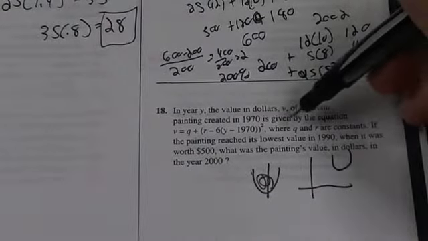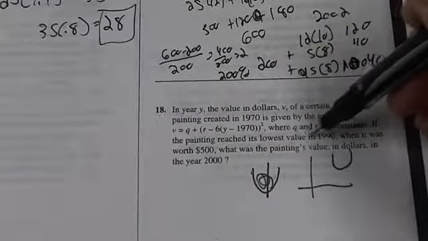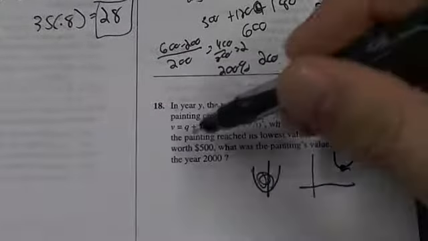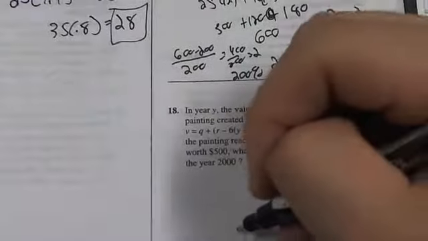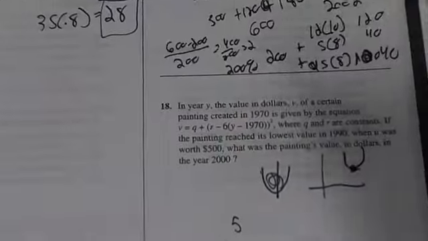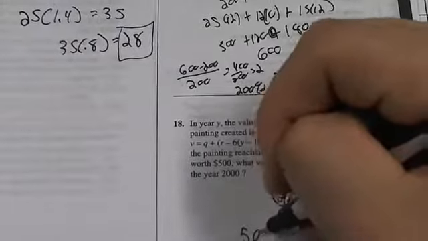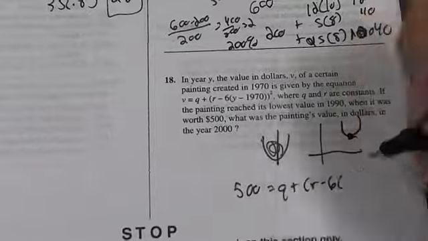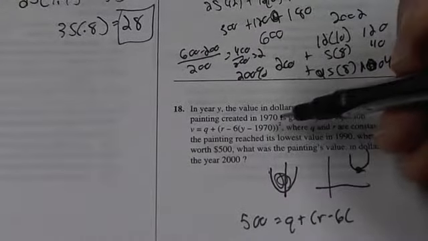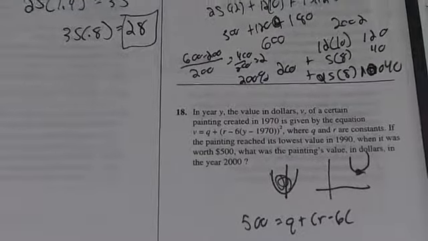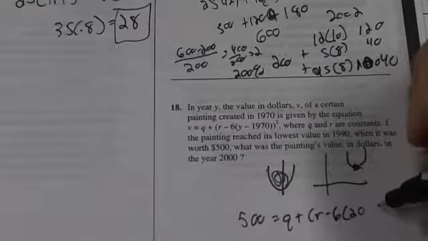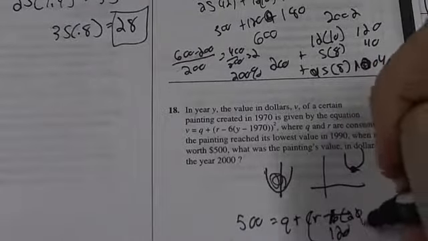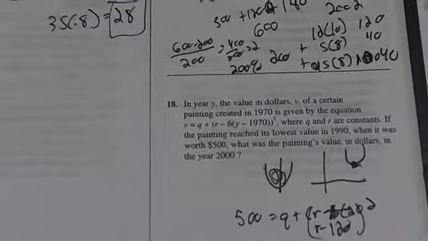So it says the penny reached the lowest value in 1990, when it was 500. So 500 has to equal Q plus R minus 6 times 1990 minus 1970, which is 20, so it'll be 20 here, so R minus 120, squared.